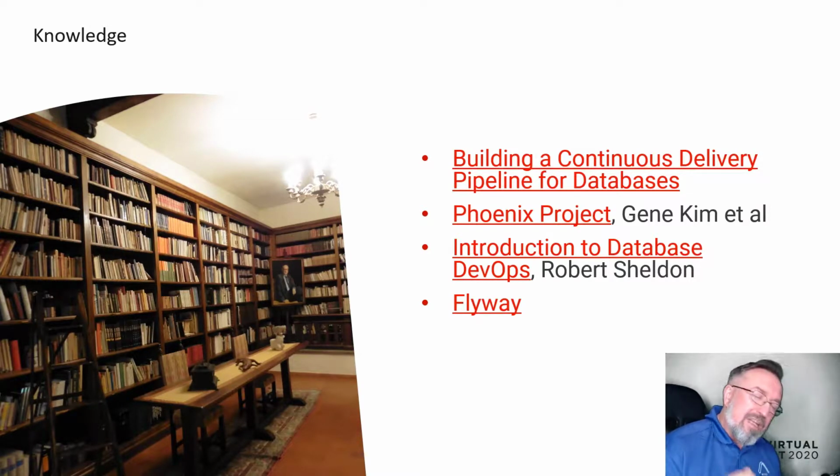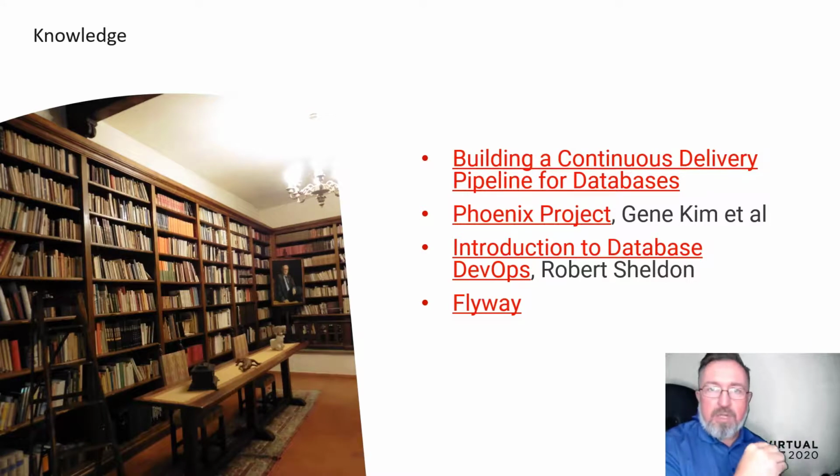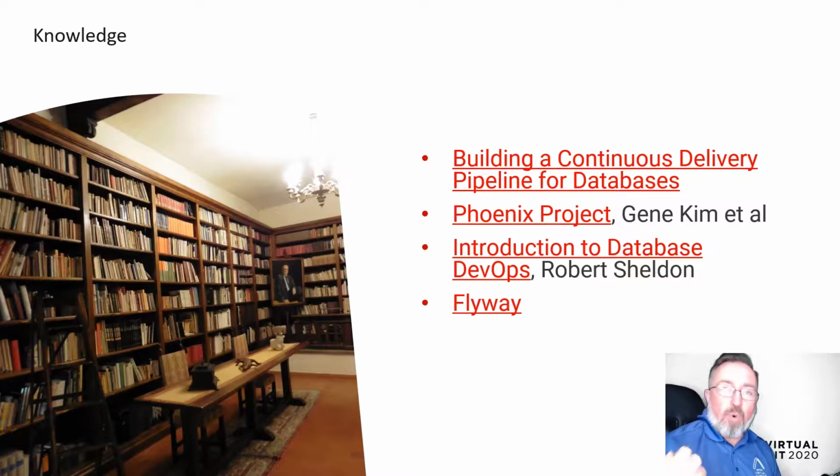And again, don't get hung up on the term DevOps, a DevOps style approach, right? It's all about communication and automation to support people and processes. I also recommend Introduction to Database DevOps by Robert Sheldon. It's a series of articles. And then if you are interested in Flyway, the Flyway documentation is also there.